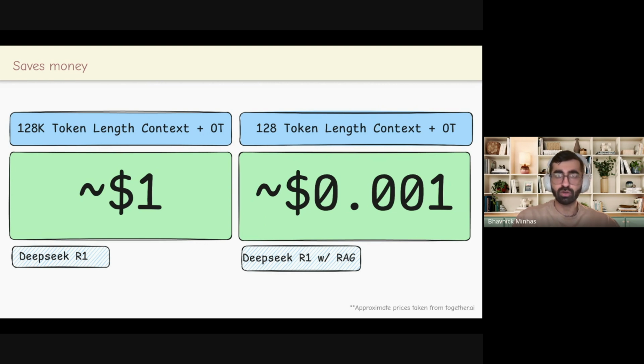Most questions do not ask for reasoning that spreads over 128K tokens. It's usually limited to a very small set of tokens. And that's also something that's been noticed in research.